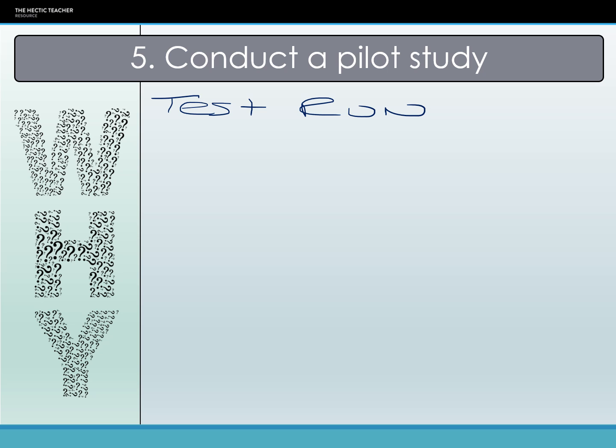A classic example here is Milgram's study of obedience, where he was conducting a pilot study in America with the idea that he would then go to Germany to find out whether or not there was a German gene that led to people committing the atrocities of World War II.